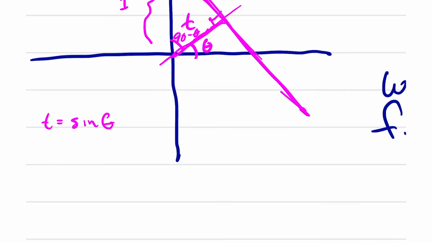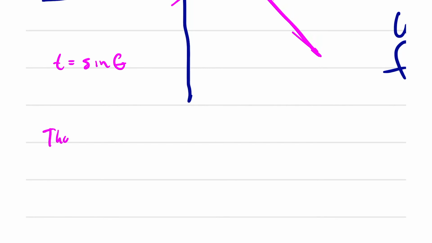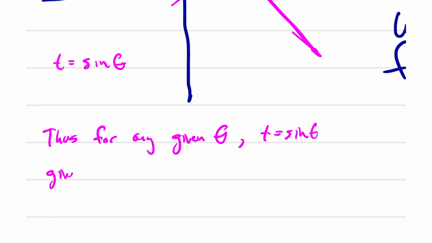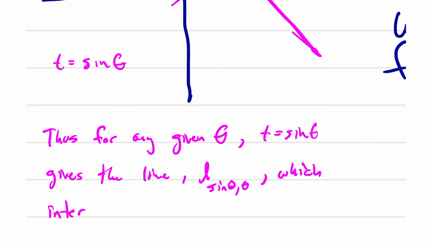So, thus, for any given theta, t equals sine of theta gives the line L sine of theta, which intersects the center of the circle.